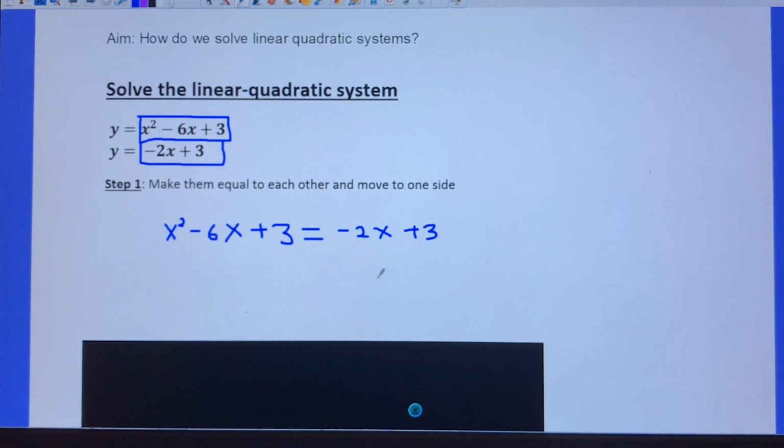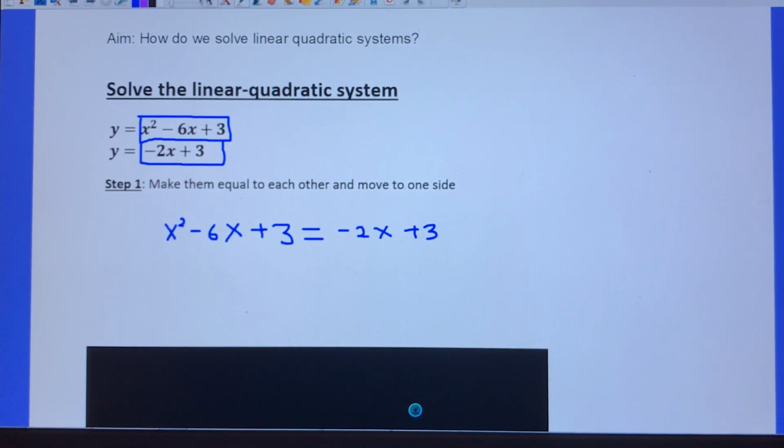So here's my first step, and then it says move one to the other side, so you have to move this minus 2x and this plus 3 to the other side. In order to do that, do the opposite: plus 2x minus 3.